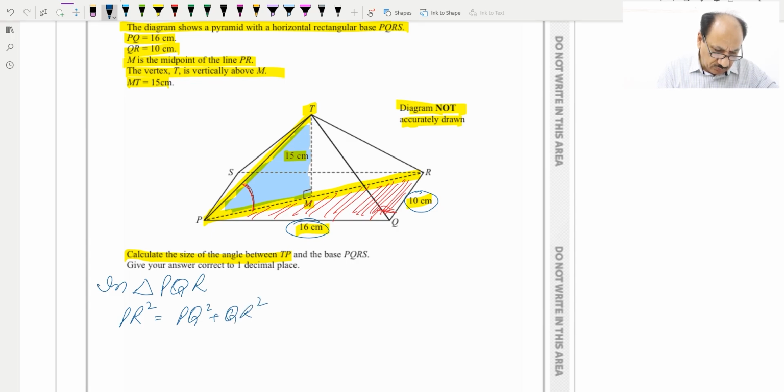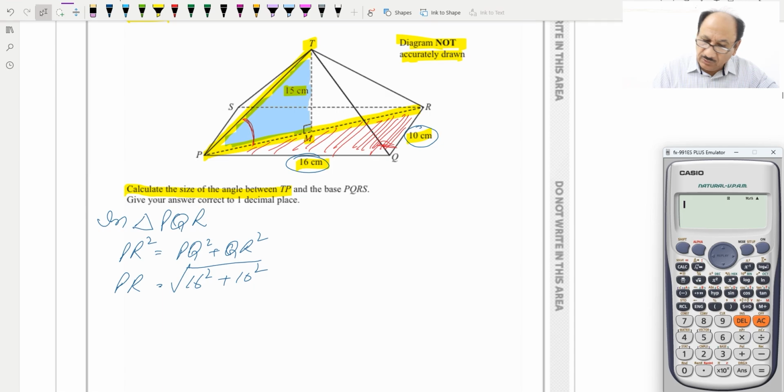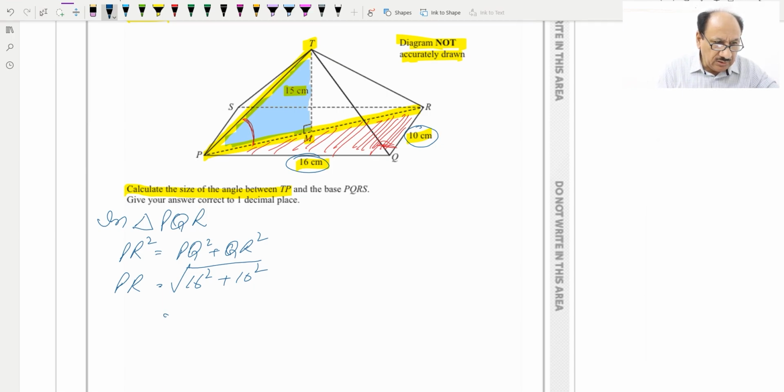So PR will be equal to the square root of 16 square plus 10 square, and after that we can calculate with the help of a calculator. 16 square plus 10 square is giving us 2 square root of 89.